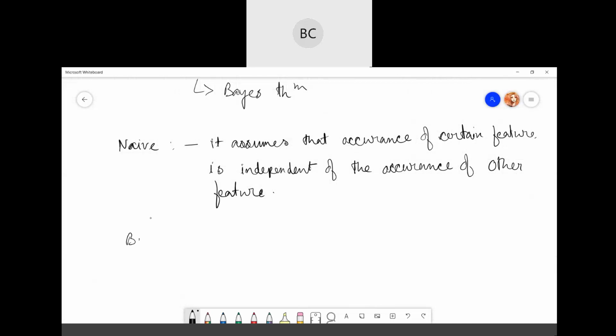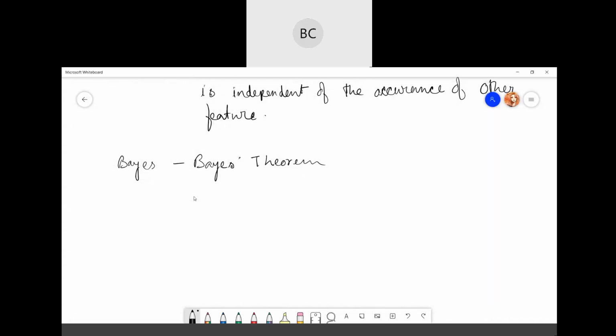Now Bayes is simple because it just uses Bayes theorem. So what was Bayes theorem? It's the same equation.